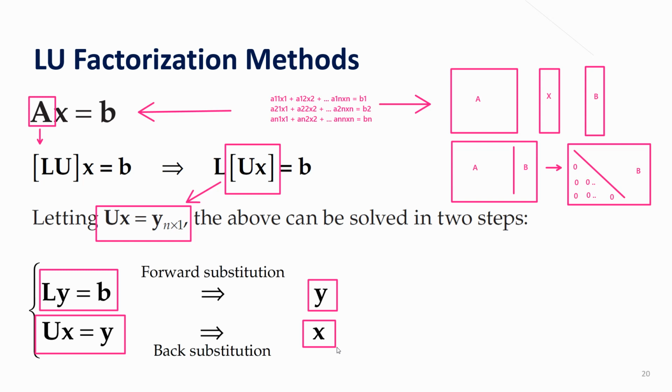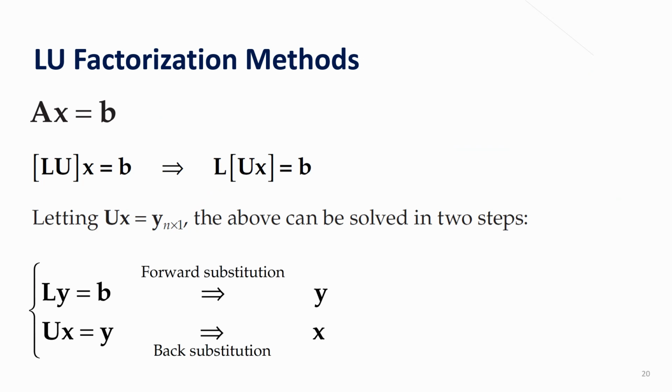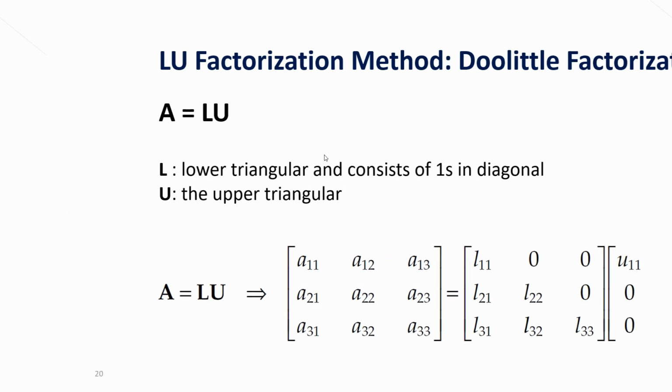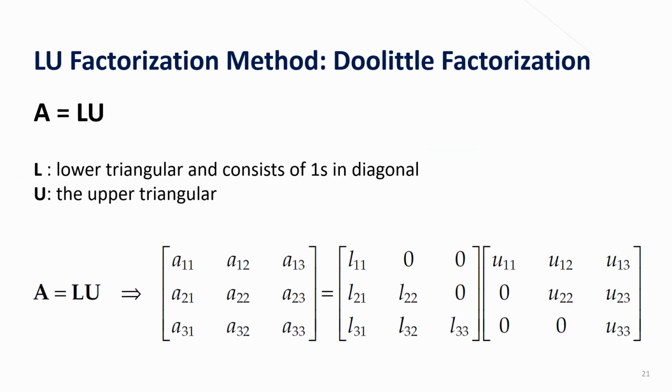I think this concept will be much clearer if we directly go to the example. Okay, now we move on to the example. Okay, oh, before that, maybe a more detailed explanation.